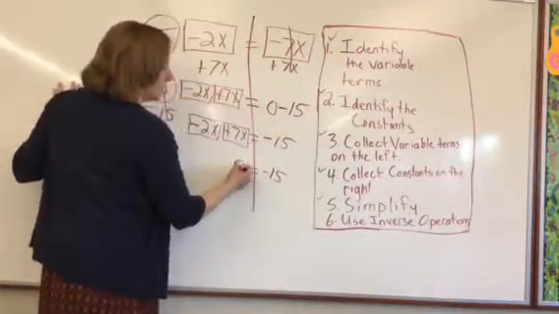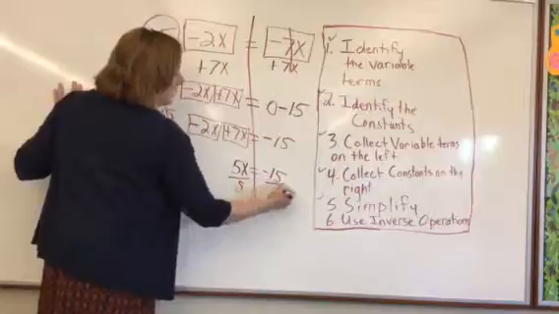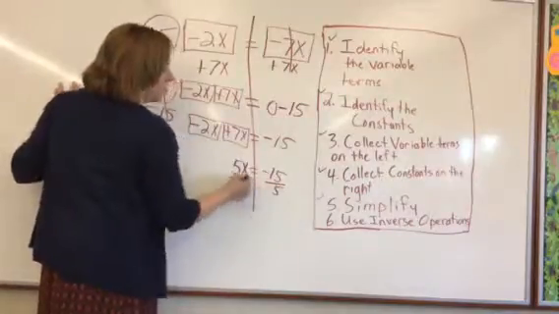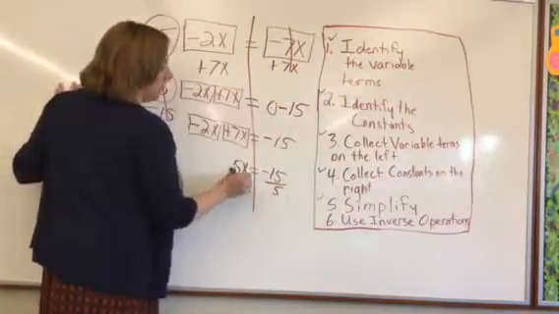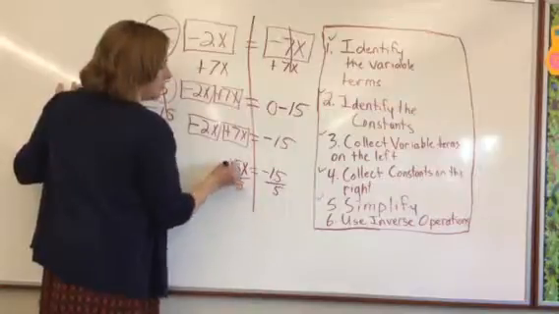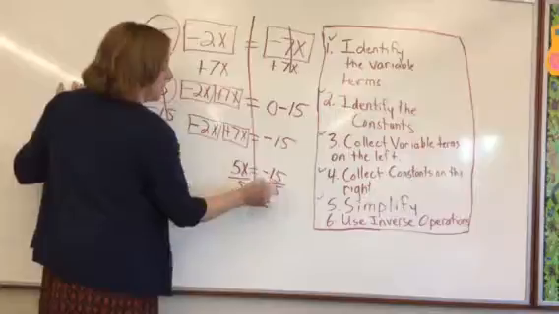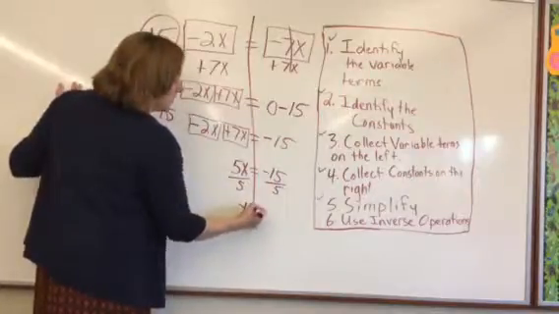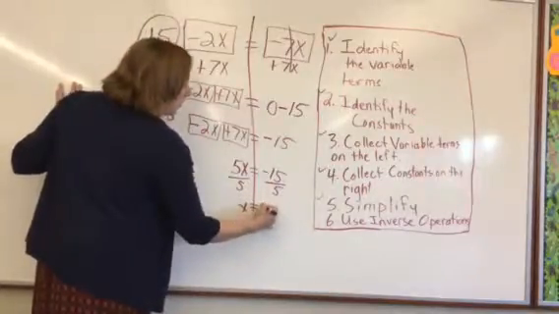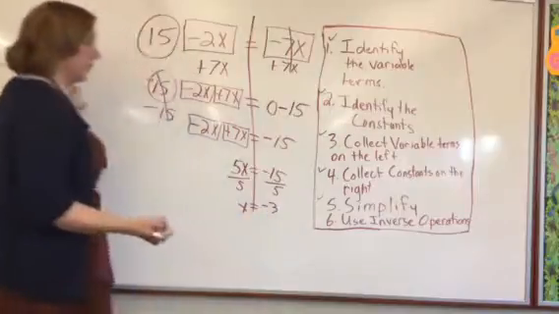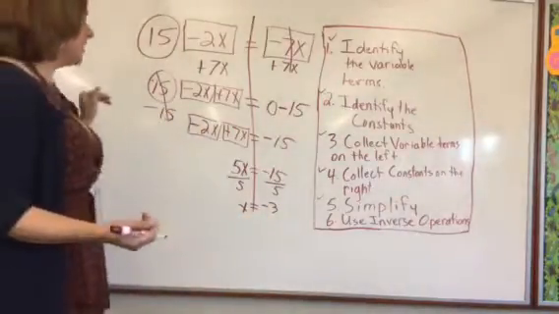The inverse of multiplication is division. I do the exact same thing that I do on the left, I do on the right. So I divide both sides by 5 because I'm trying to undo this 5 times x. 5x divided by 5 equals negative 15 divided by 5, and x is going to equal negative 3. Negative 15 divided by 5 is negative 3.